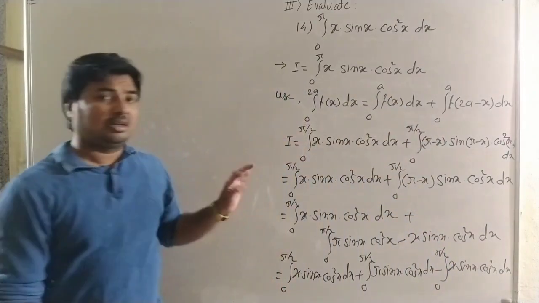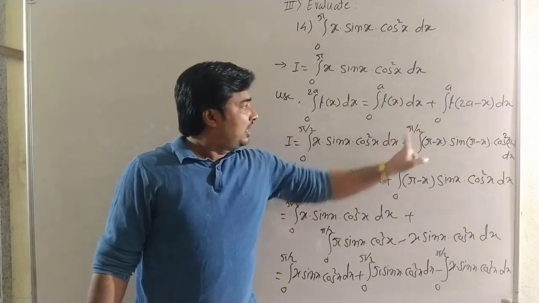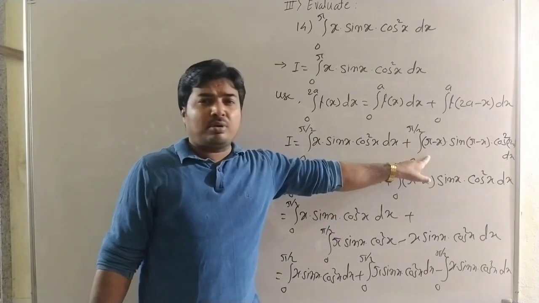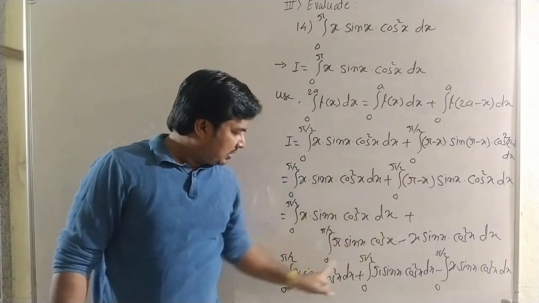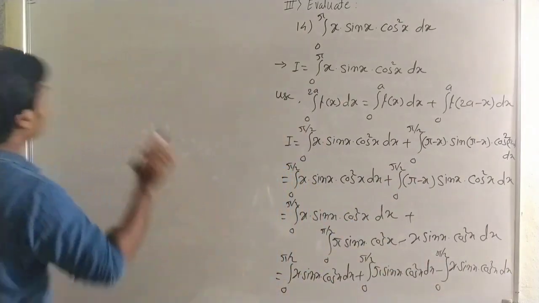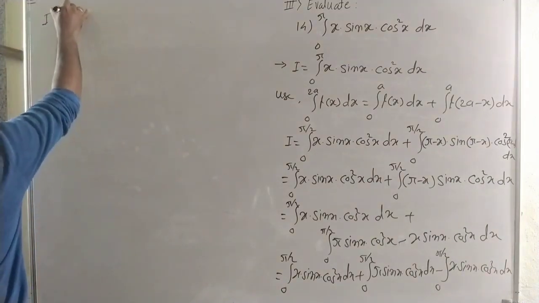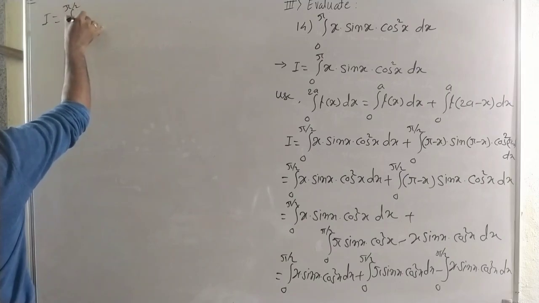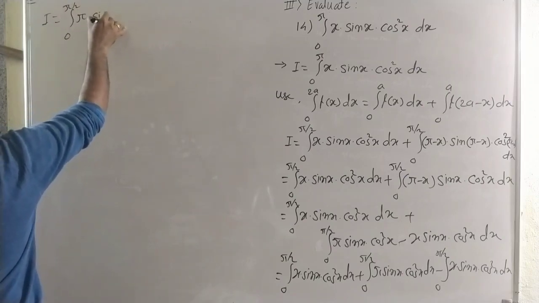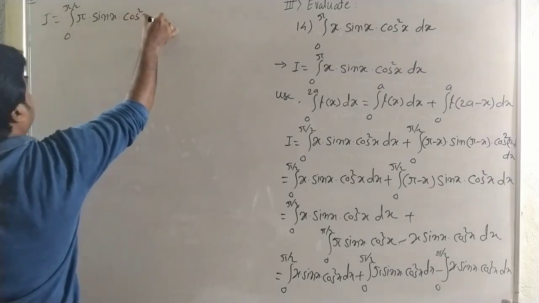See carefully, when we use this property, f of x plus f of 2a minus x, the first and last integrals get cancelled, and we get the integral equal to 0 to pi by 2 pi into sin x into cos square x dx.